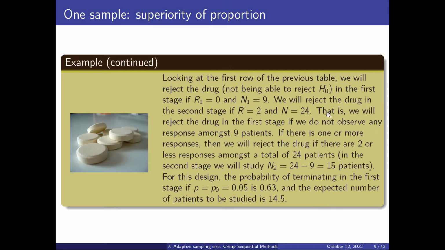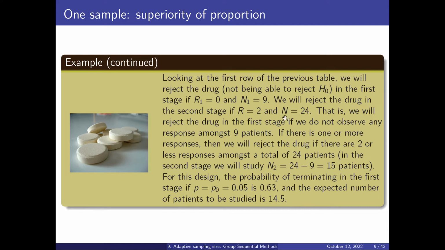So we will reject the drug in the first stage if we do not observe any response among 9 patients. This is 0 and 9. You test your drug, and if you don't see any response in 9 patients, then you stop, because you assume that you have a very low proportion of respondents.